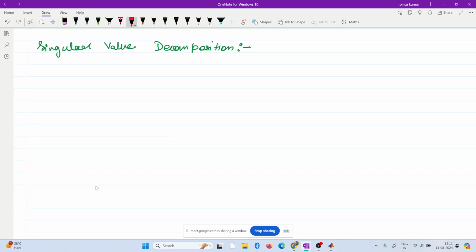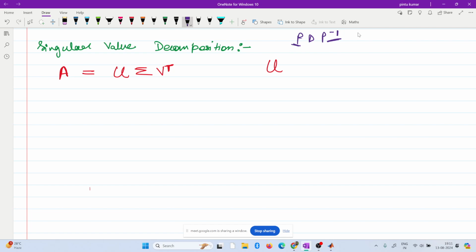Now, if you have a matrix A, you want to decompose it into 3 special matrices. You want to decompose it into U, sigma, V transpose. So you want a decomposition similar to eigendecomposition. There you had PDP inverse, right? But that was not possible for you.